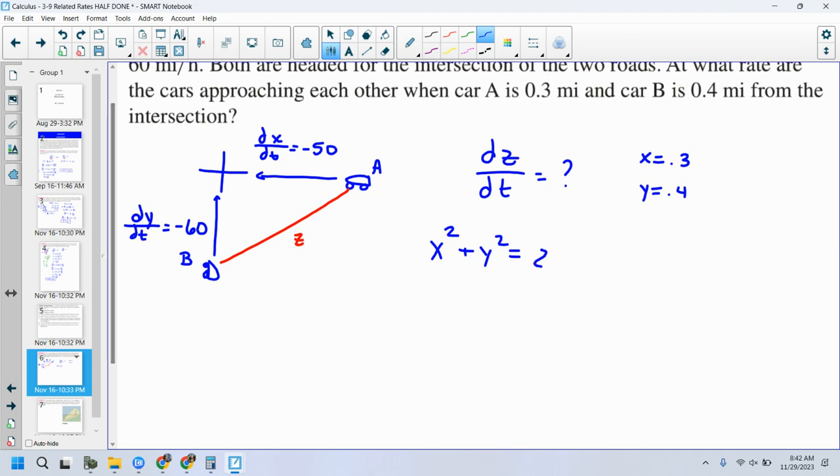Oops. This is going to be 2x dx/dt, right?